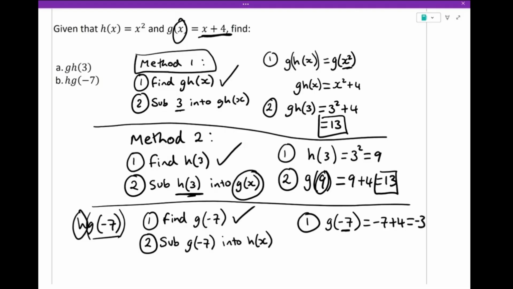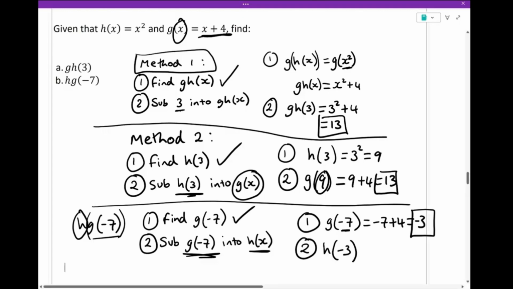We now need to do step 2, which is to substitute g of negative 7, which is equal to negative 3, into h of x. So if I'm substituting negative 3 into h of x, what I'm doing is I'm finding h of negative 3 like that. And then to find this, I'm then going to substitute this negative 3 in for x in h of x.